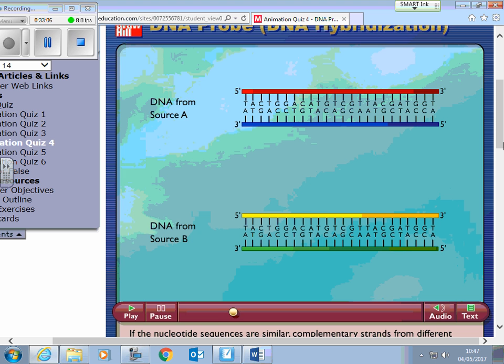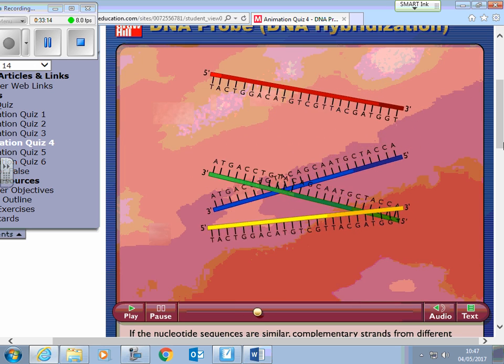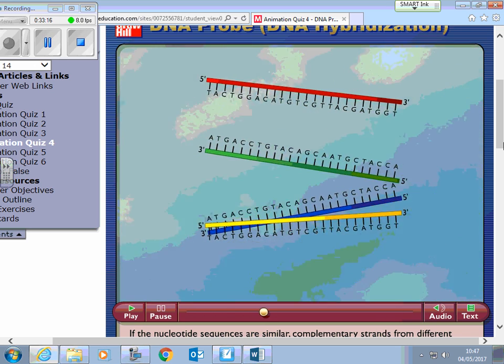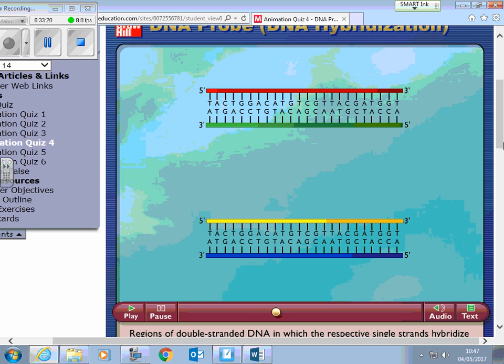If the nucleotide sequences are similar, complementary strands from different sources will also anneal. This is called hybridization, to indicate that each strand of DNA came from a different source. Regions of double-stranded DNA in which the respective single strands hybridize to one another are said to be homologous, or have similar or identical nucleotide sequences.